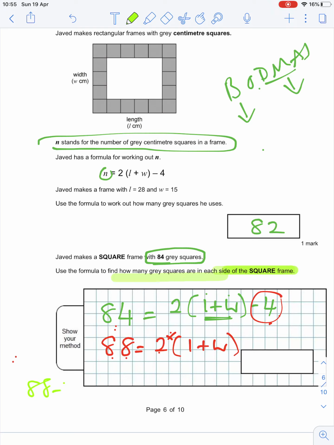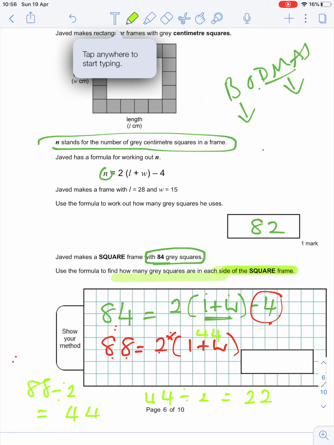Well, 88 divided by 2 gives me 44. So I know that together these two must add up to 44. And I know that they're both the same, so I'm going to do 44 divided by 2, which gives me 22. So I think the answer is 22. But let's just check by going back.